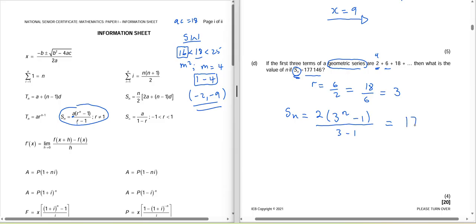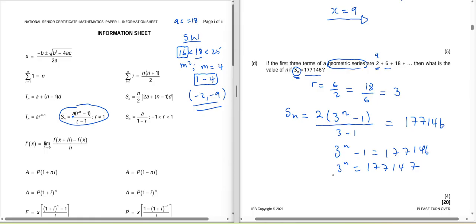So the right hand side is 177,146. Now 3 minus 1 in the denominator is 2. So 2 divided by 2 is 1. So we're just left with 3 to the power of n minus 1 is 177,146. And then 3 to the power of n, if we throw it to the other side, it will be a plus, so it will be 177,147.